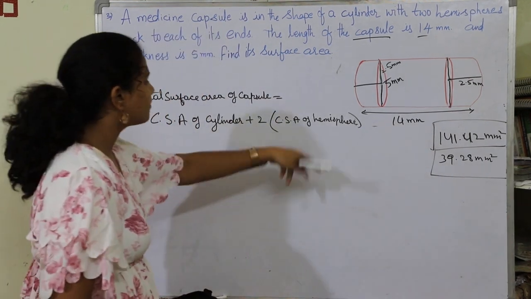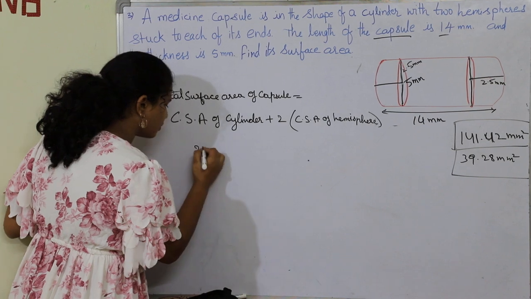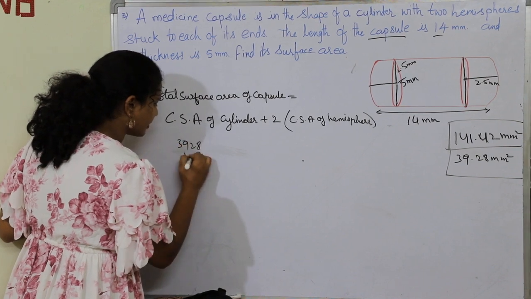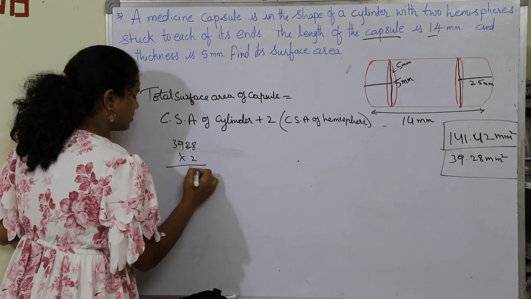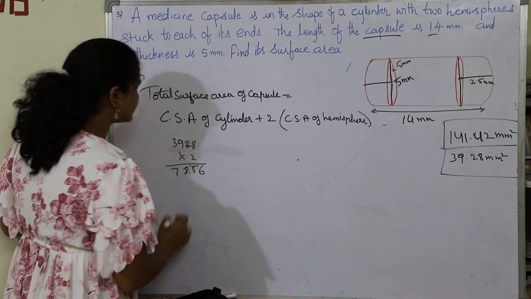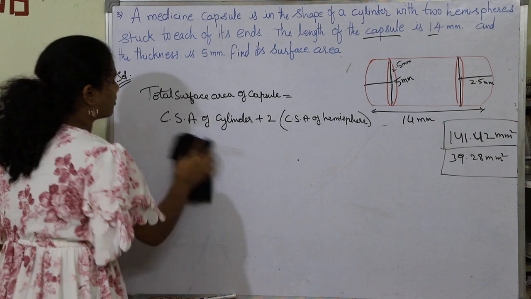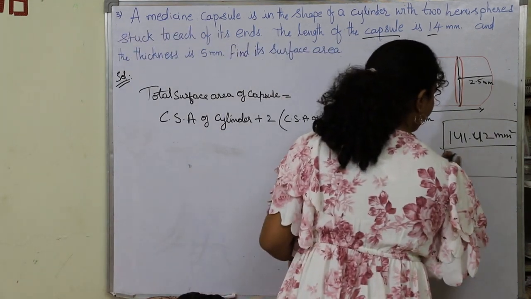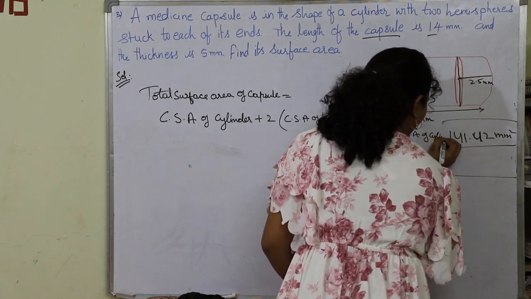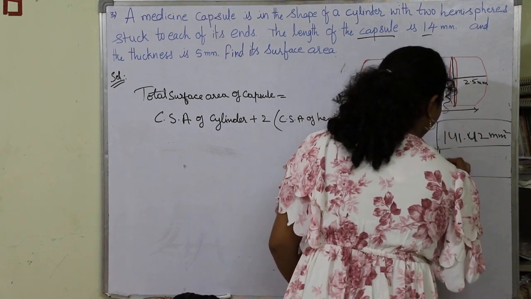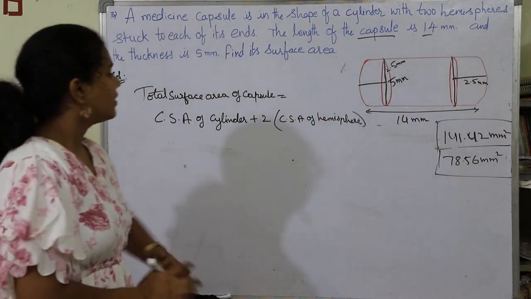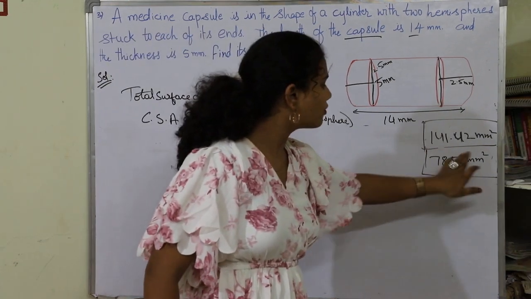So to find the curved surface area of two hemispheres, just multiply that value by 2, where 3928 into 2 gives 78.56. Therefore, the curved surface area of the cylinder is 141.42 millimeter square.